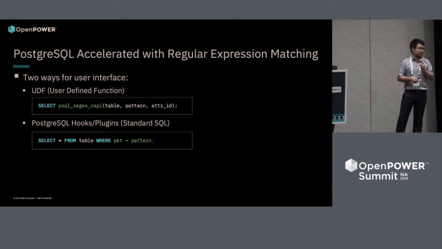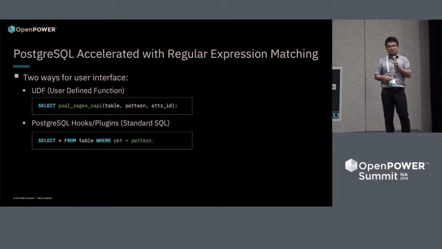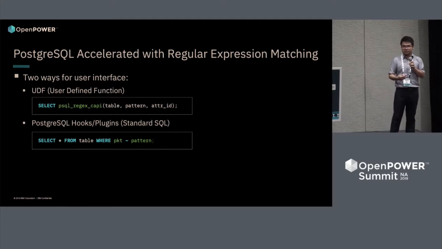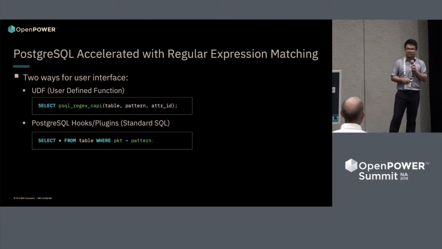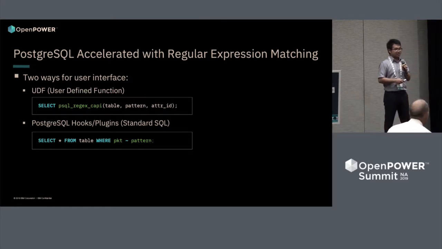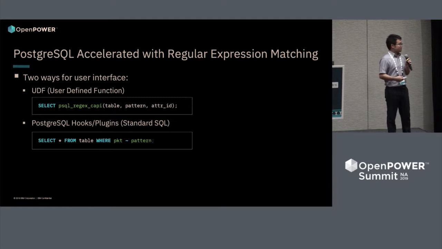We created a new function with this name, and if the users want to use our acceleration, they need to call this function in their SQL script. Most of the users would not be very happy with this because it requires them to change their scripts, change their code.